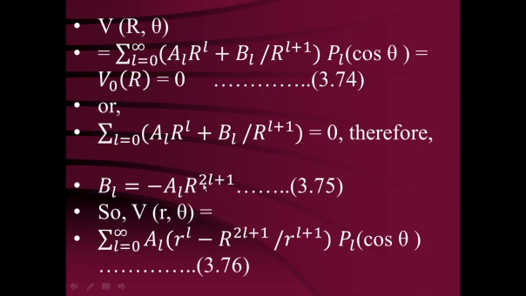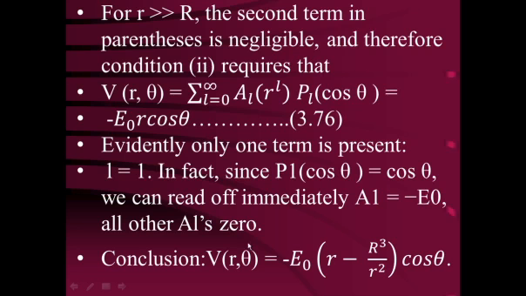So this value of A1 and B1 we can substitute in our general equation, and that is our solution. So V(r, θ) is equal to, A1 being common, minus E0 r raised to 1 minus R cube upon r square, cos theta.